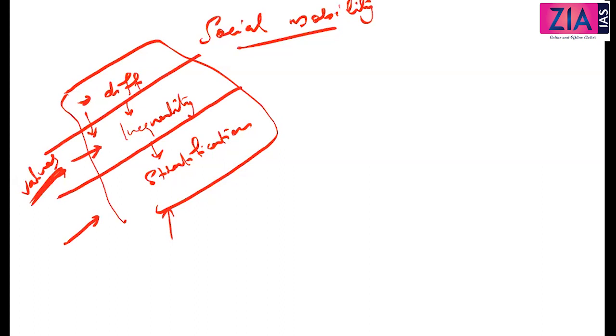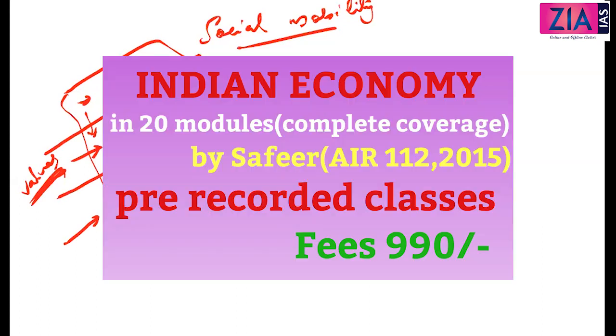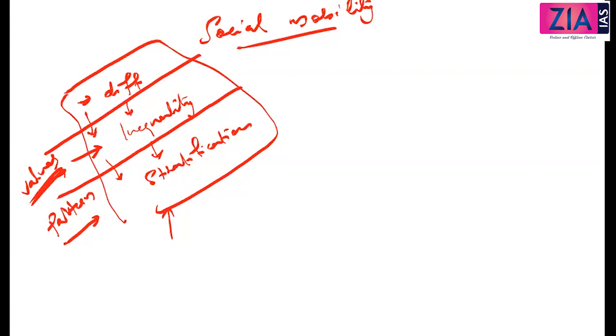Sex means it's a difference, but when we say gender, there is an element of inequality. And if you can see some pattern, where some sections of people are getting some privileges and some sections are getting some disabilities, then that is the pattern. When the pattern is found, that is stratification.